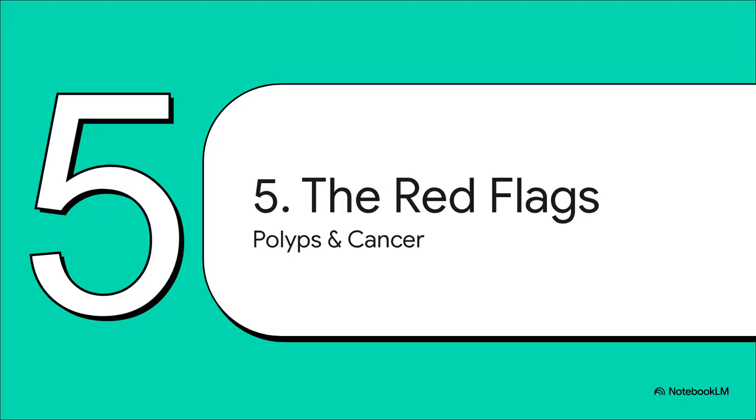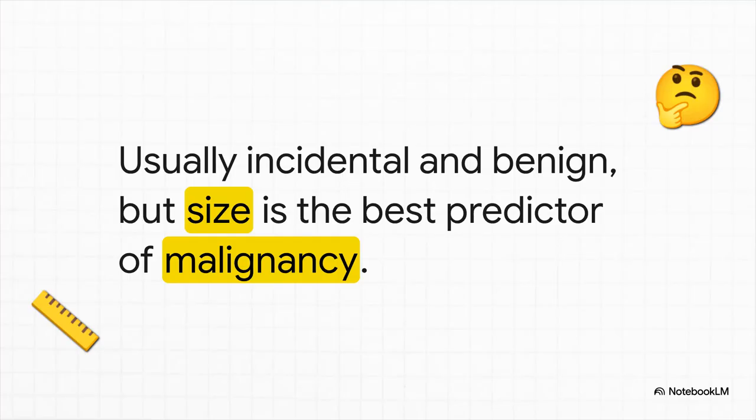All right, for our last section, let's circle all the way back to the beginning, to that incidental finding on an ultrasound, and talk about the thing we're really worried about in the long term, cancer. So, just like gallstones, you often find gallbladder polyps by accident, and most of the time, they're totally harmless little cholesterol bumps. But some of them can be precancerous, and there's one key feature that helps us figure out who to worry about.